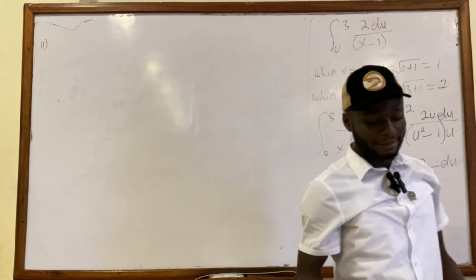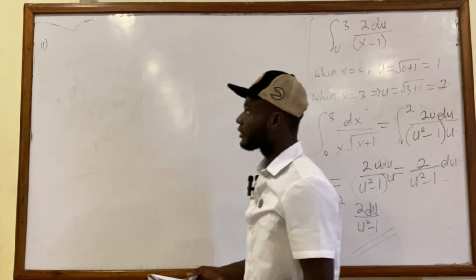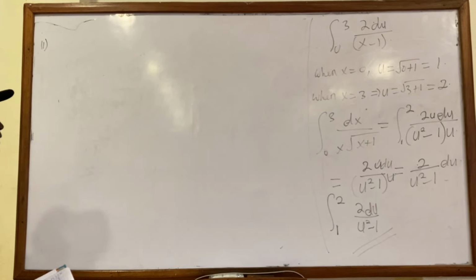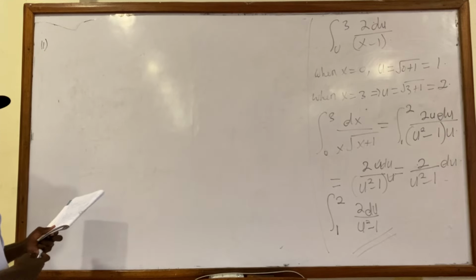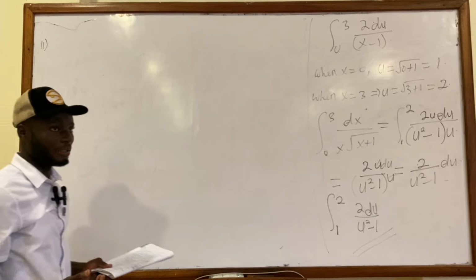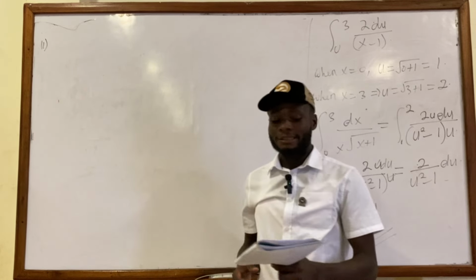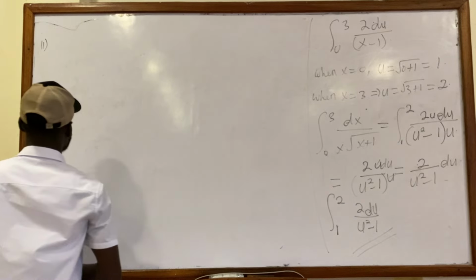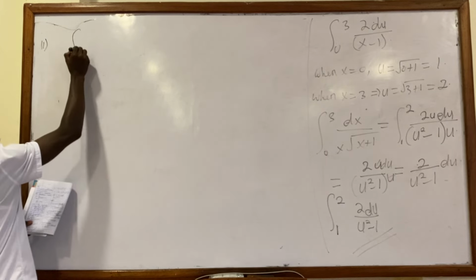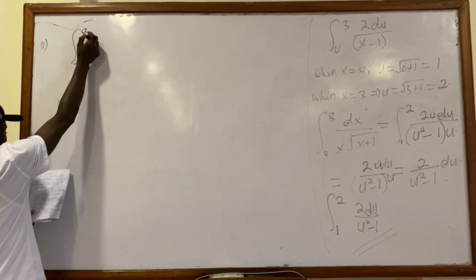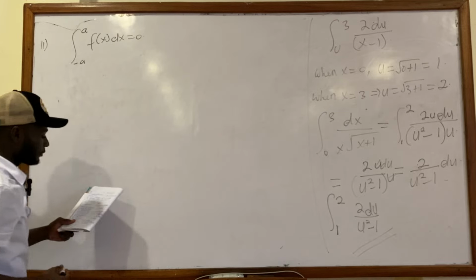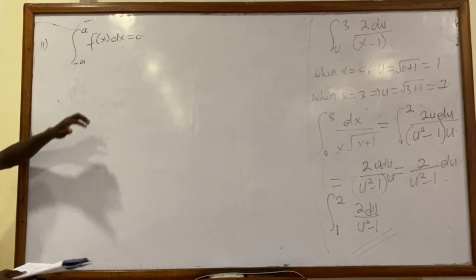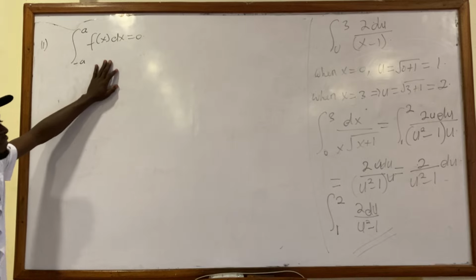Let's check the validity of this particular integration function. We need to determine which function f of x satisfies the condition. We have been given a series of functions, so we have to check which of the functions satisfies that particular condition, that is, the integral from negative a to a of f of x dx equals 0.